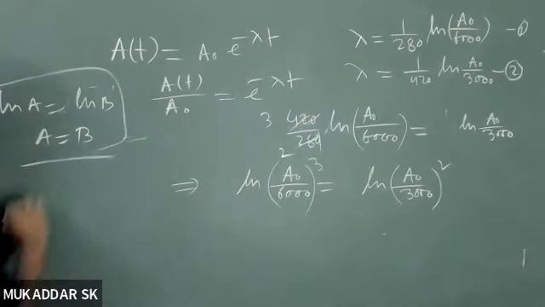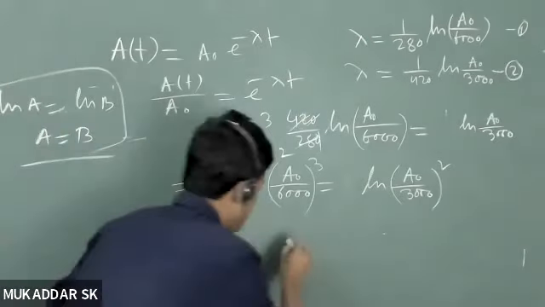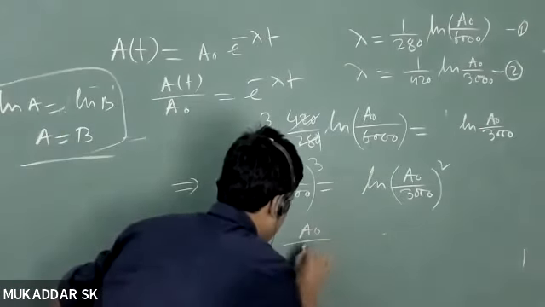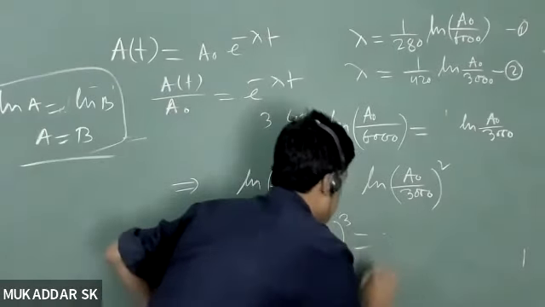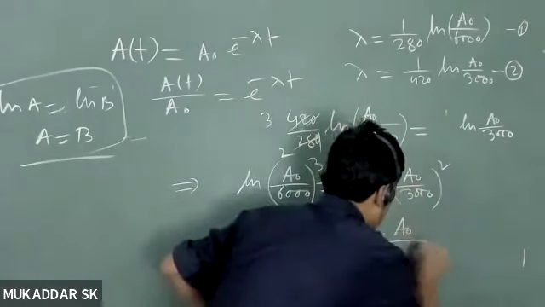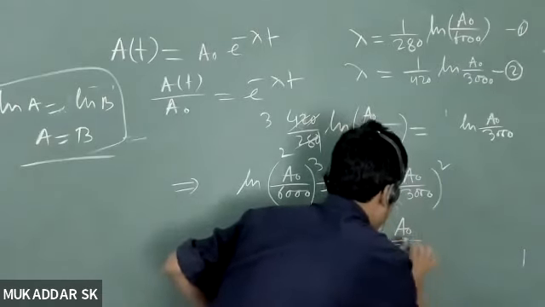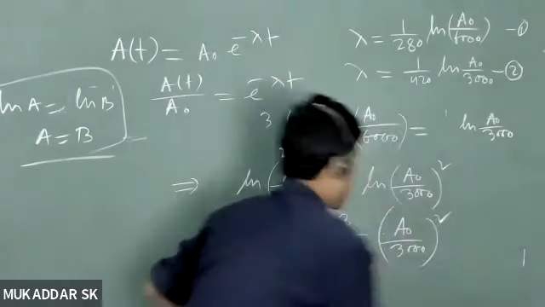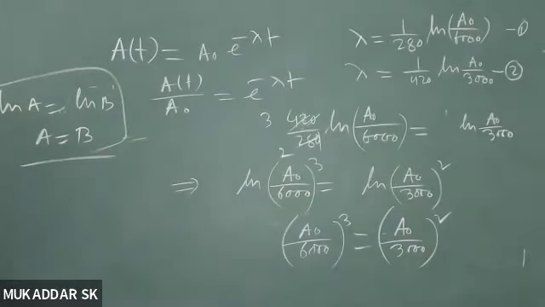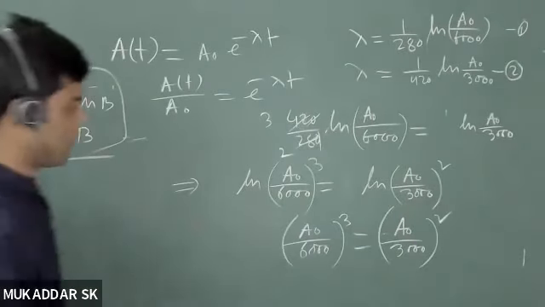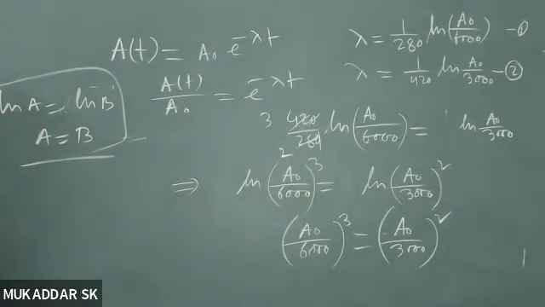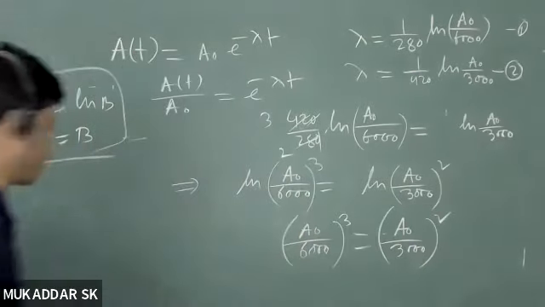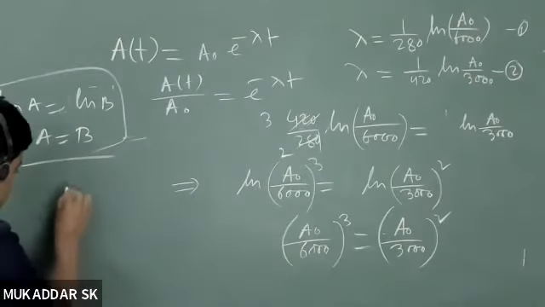You know this, right? So I can write that A naught by 6,000 to the power cube will be equal to A naught by 3,000 squared. It means you'll have A naught squared on the right-hand side and A naught cubed on the left-hand side, so that power will be cancelled.